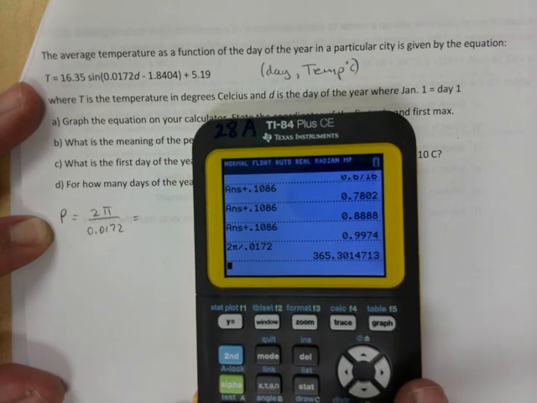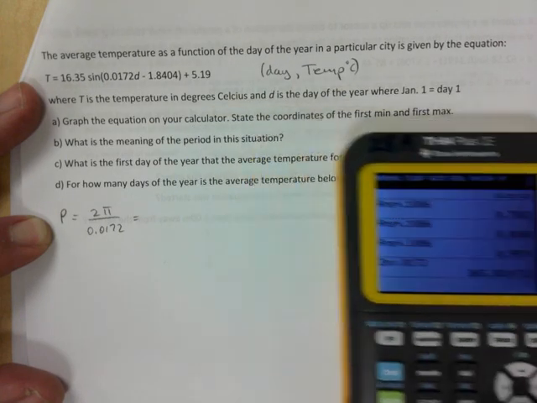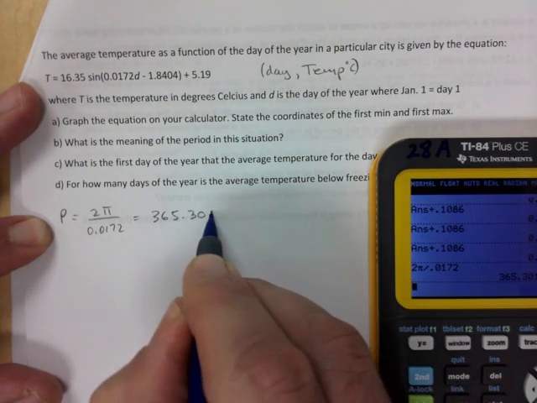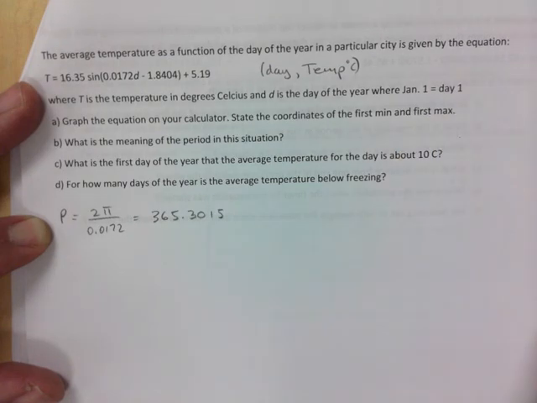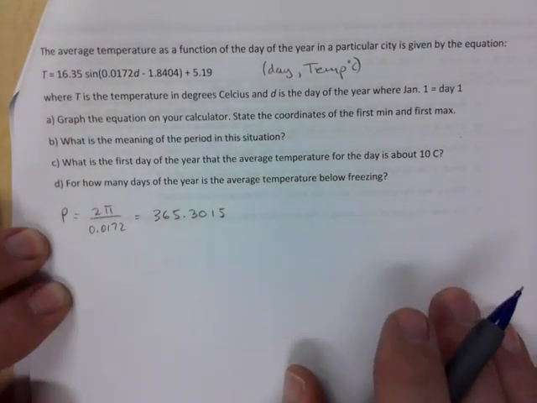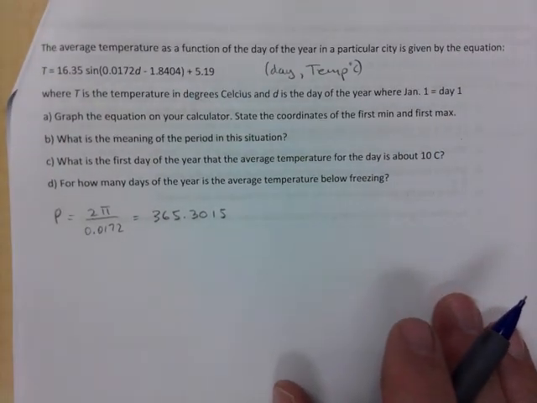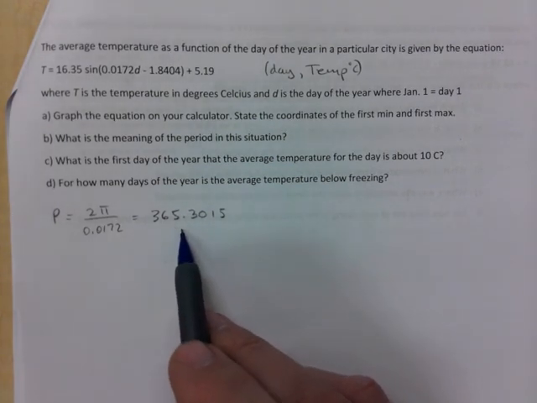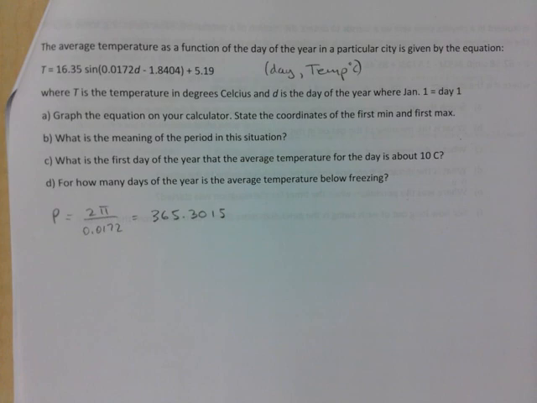It's 365.3015. But for all intents and purposes, we know that the period is supposed to represent 365 days, but you should be aware that it's not exact.